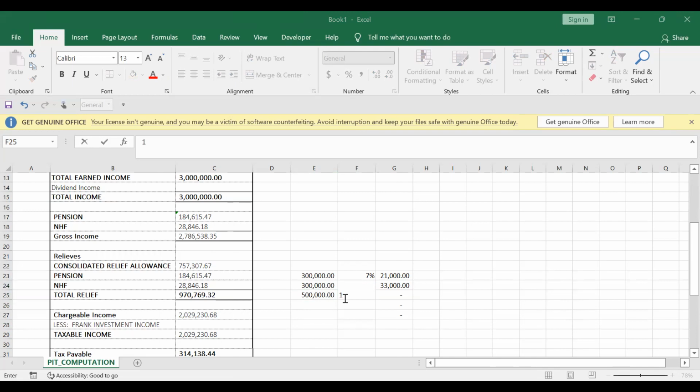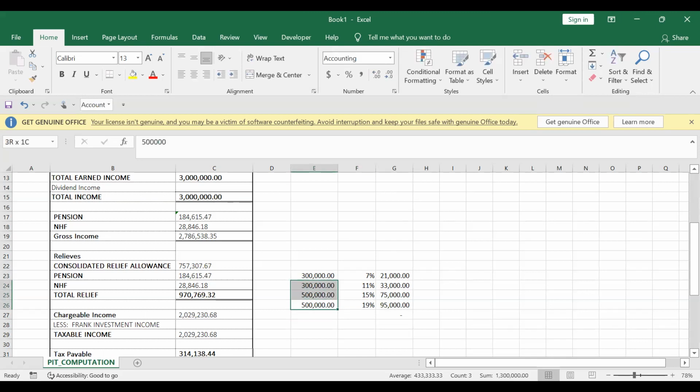Okay, so that gives us 75. So when you add the first 300 with 1.5, that is 1.1. So we can still get another 500, right? So the next 500 is at what percentage? 19%. So if you sum this together, you have 1.6.